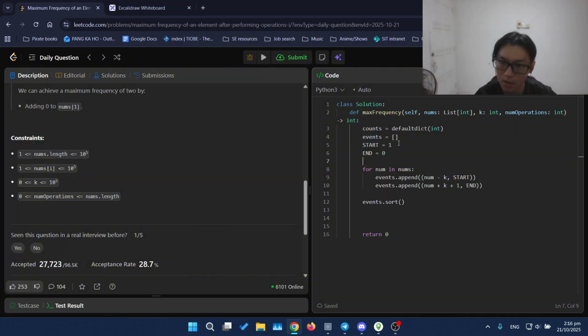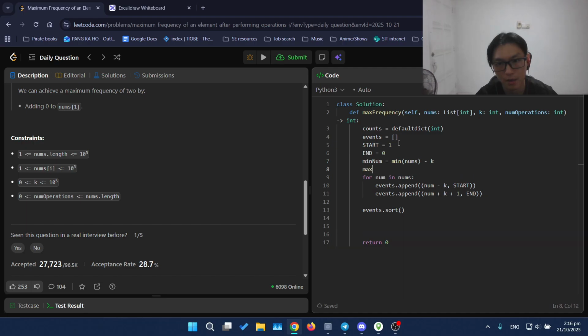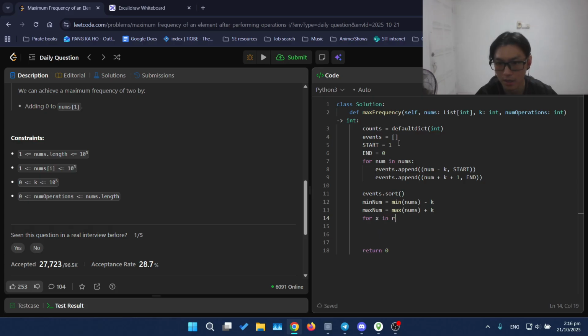So that would be min of nums minus k, max of nums plus k. For x in range of min num to max num, increment by 1.